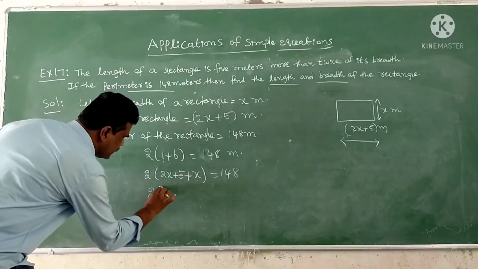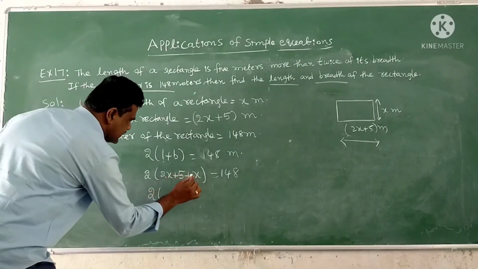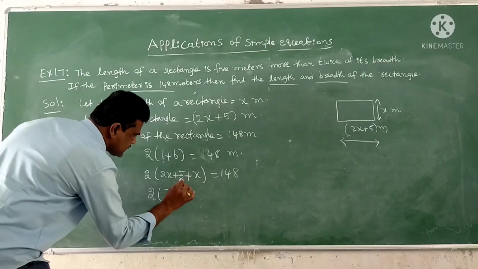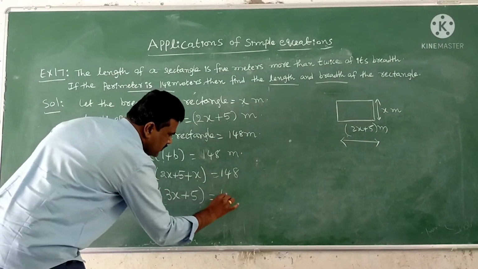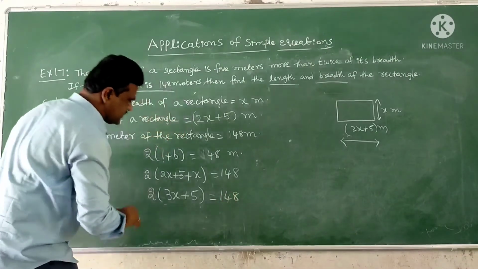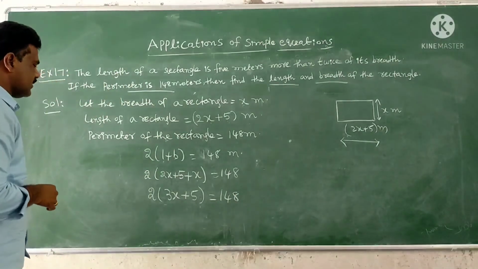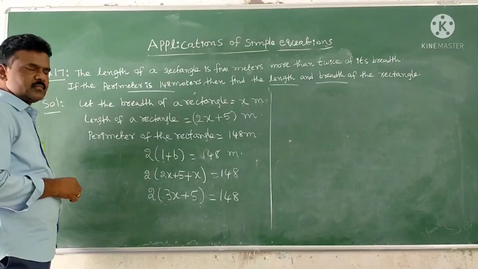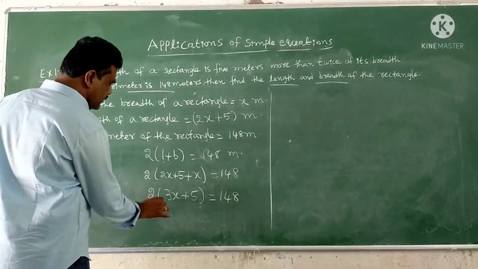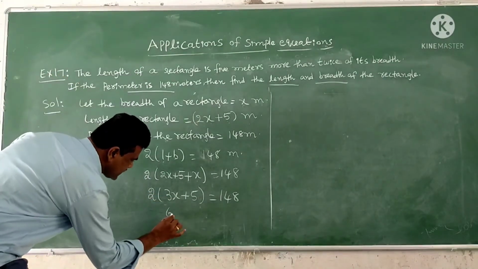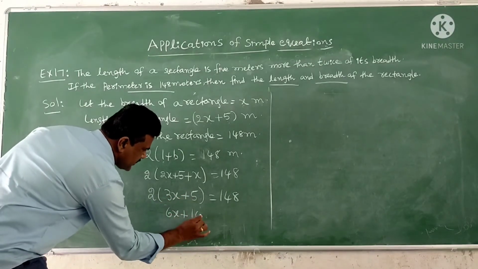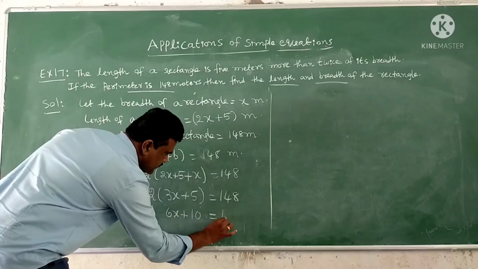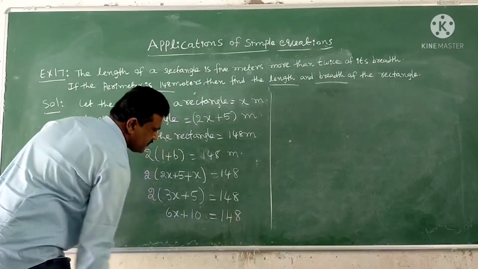So 2 into (3x plus 5) is equal to 148. Now multiply 2 into 3x, 6x, plus 2 into 5, 10, is equal to 148.